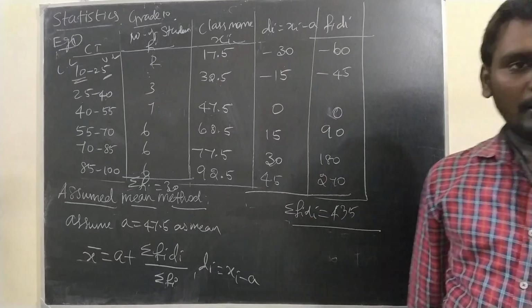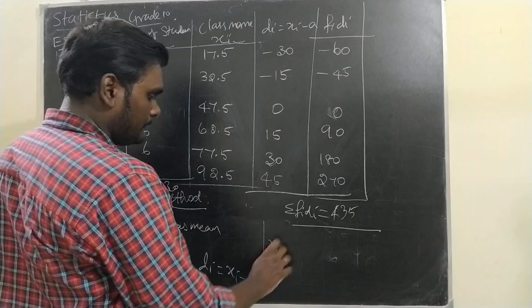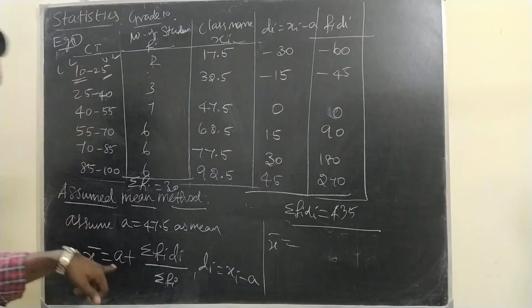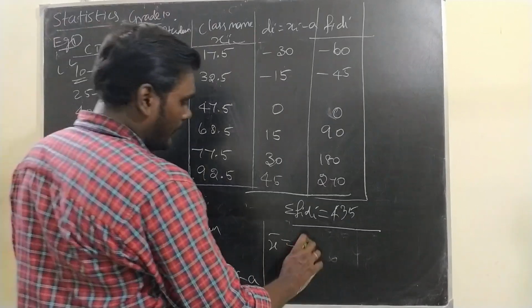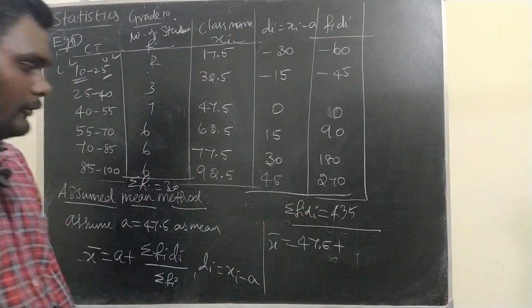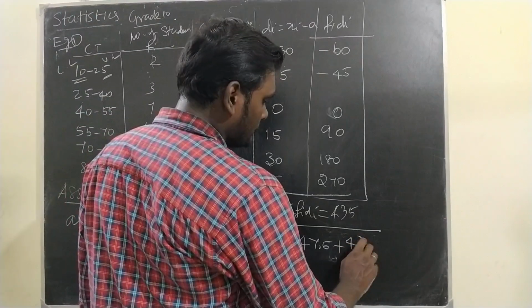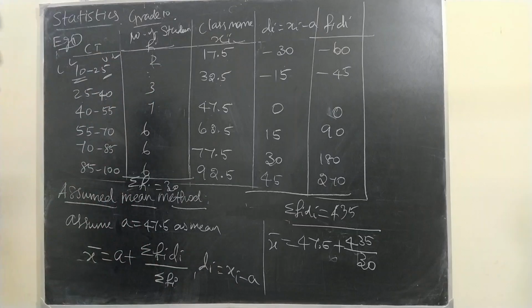That is it. Apply in the formula. X bar is equal to A plus, A means our assumed mean 47.5, plus Fi di 435 by Fi, that is 30.